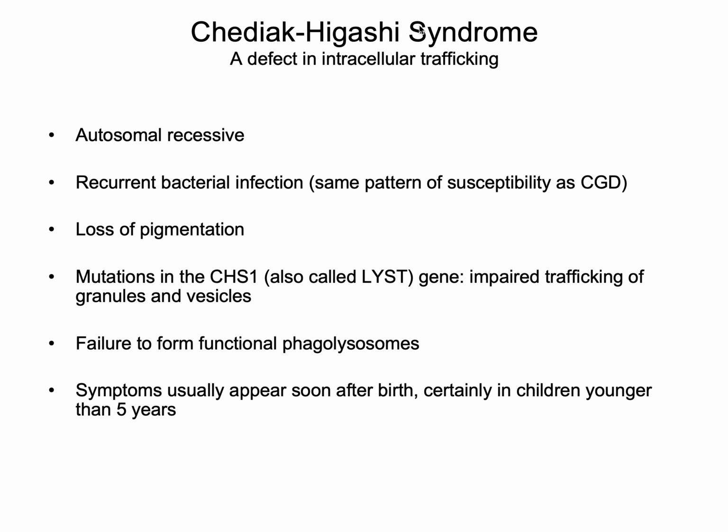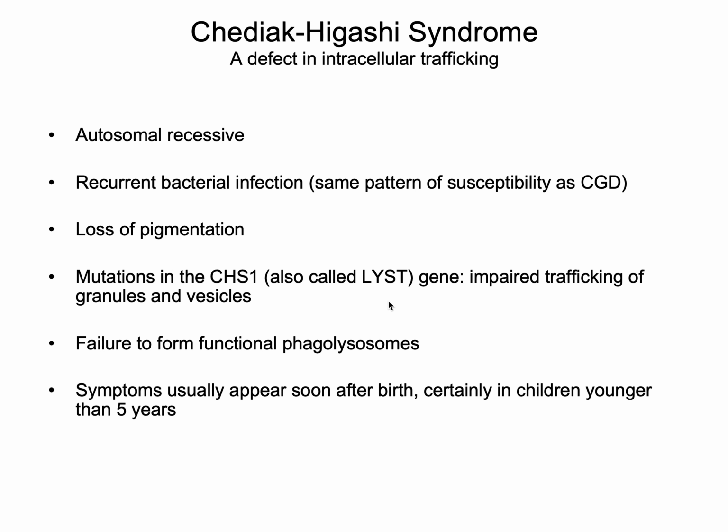Chediak-Higashi syndrome is another syndrome that results in defective function of the phagolysosome. This is an autosomal recessive mutation that results in recurrent bacterial infection with the same pattern of susceptibility as CGD. It can also result in loss of pigmentation. And the mutation in Chediak-Higashi syndrome is in a gene called CHS1, or sometimes it's called the LYST gene.